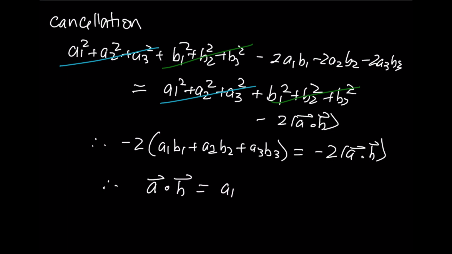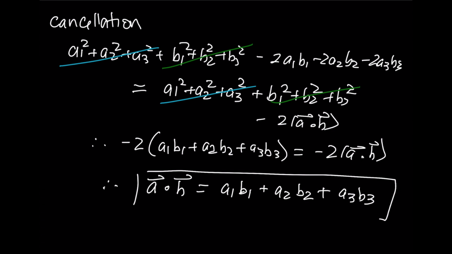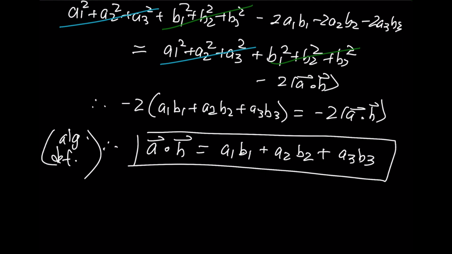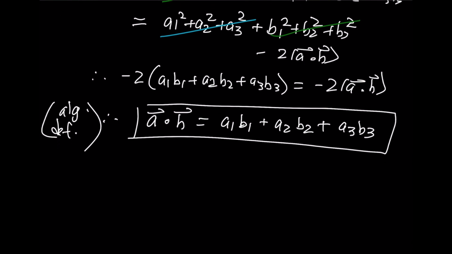It's possible to compute their dot product without having to know the angle between them. So this is sometimes called the definition of the dot product, but I'm going to call it the algebraic definition of the dot product. And it provides us with a very simple recipe by which to calculate dot products.